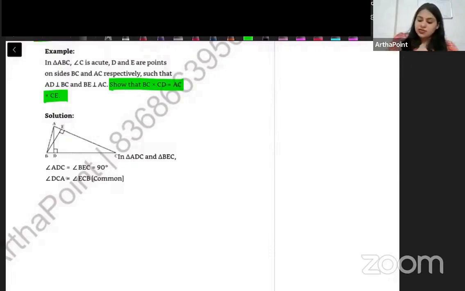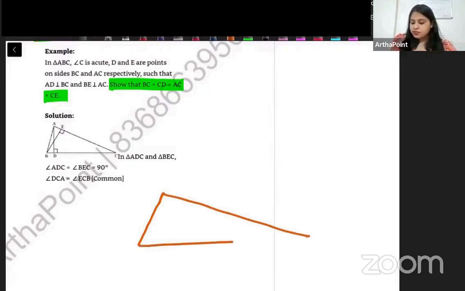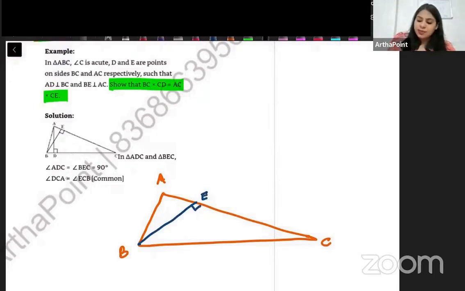Beta, look at this once. You're given this triangle, A, B, C. It is drawing a line perpendicular from B to E. It is drawing a line perpendicular from A to D. Right?